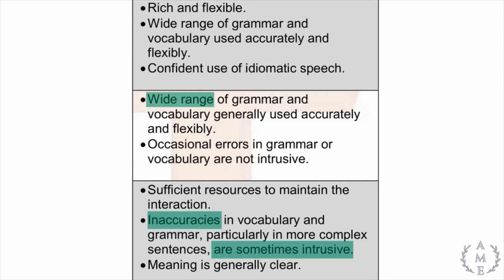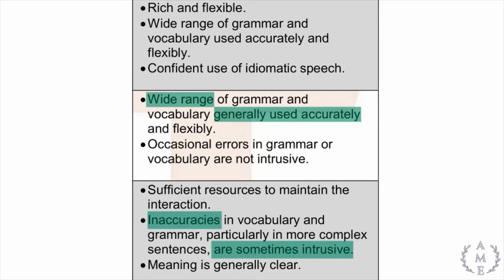To get a band 5, you need to show a wide range of grammar and vocabulary used accurately and flexibly. So it's not simply enough to drop in some complex grammatical form you've learned, future perfect continuous passive or whatever.